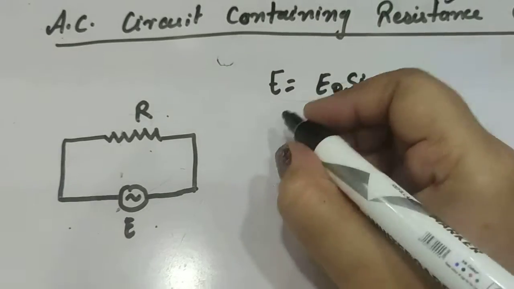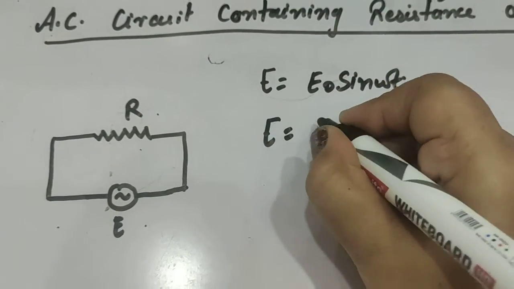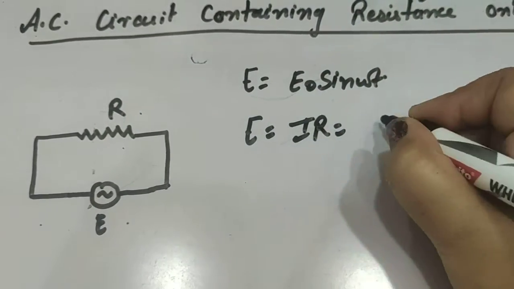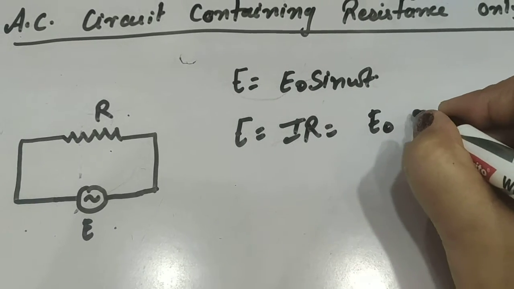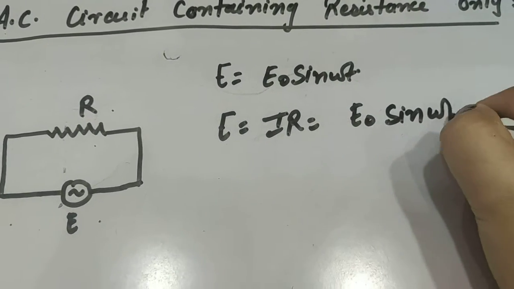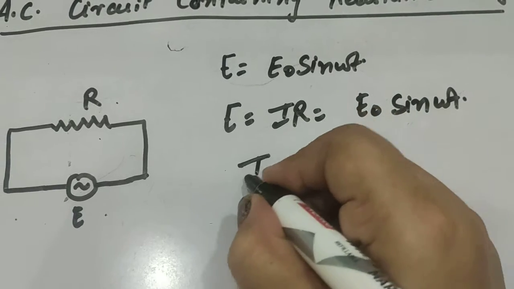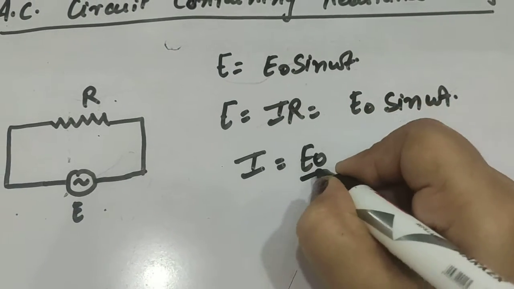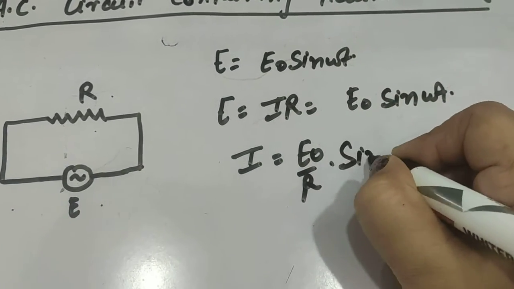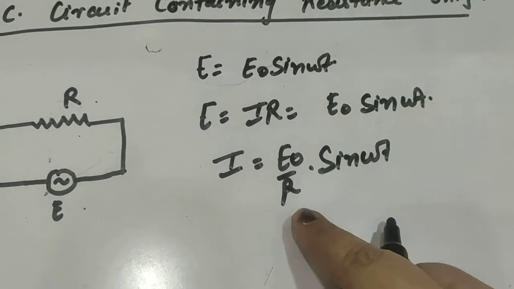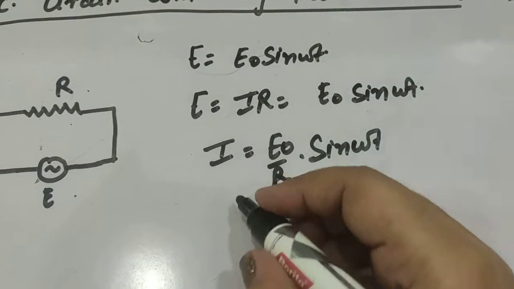In that case, the EMF should be equal to IR, which is equal to E naught sine omega t. So from here we can say that I is equal to E naught by R sine omega t.